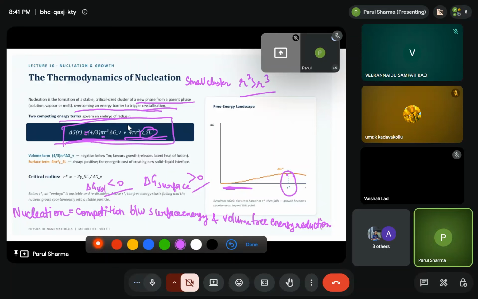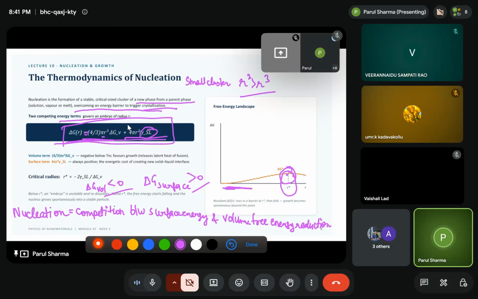There is also one question on the concept of the critical radius: it is the minimum size a nucleus or cluster of atoms must reach during a phase transformation. Here it is thermodynamically stable and will continue to grow spontaneously. So nuclei with radius smaller than r will shrink while ones larger than r will grow.